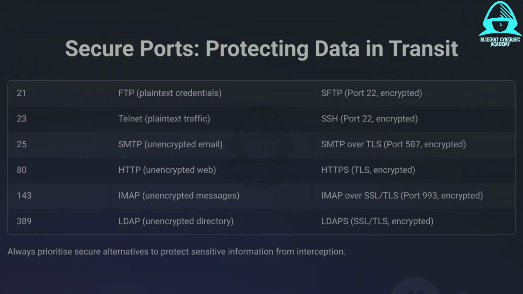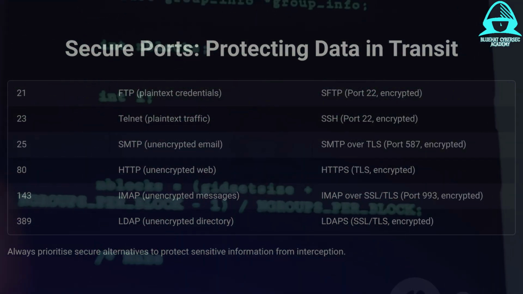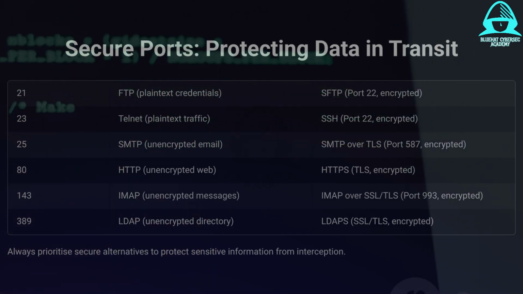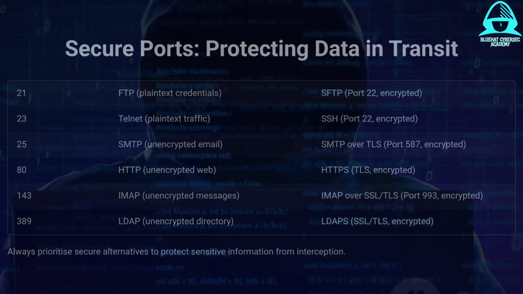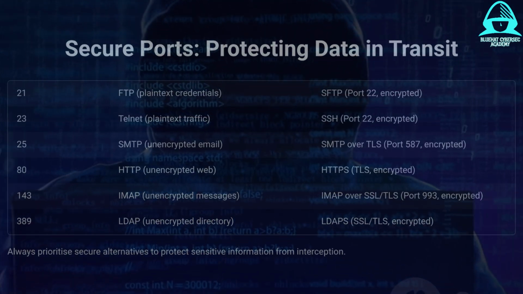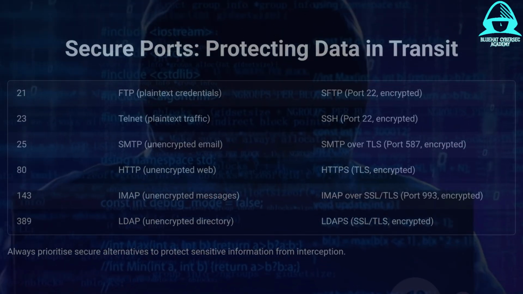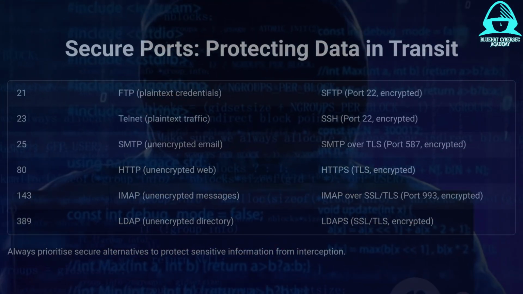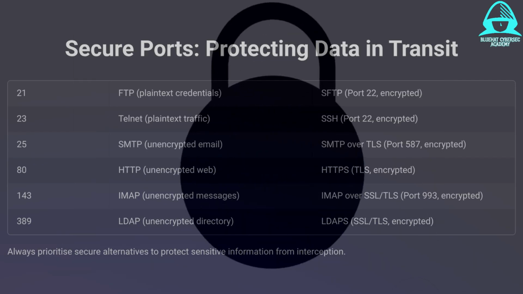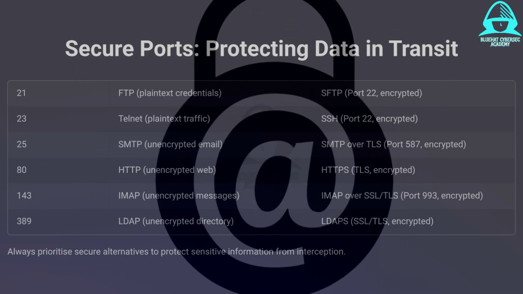Port 23, Telnet. Telnet is used by many Linux and other systems as a basic text-based terminal. All information on a Telnet connection, including usernames, passwords, and on-screen text, is sent in plain text and can be intercepted. The secure alternative is SSH on port 22, which encrypts all traffic.